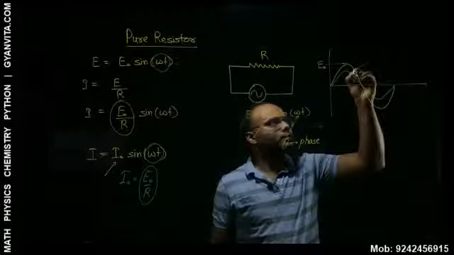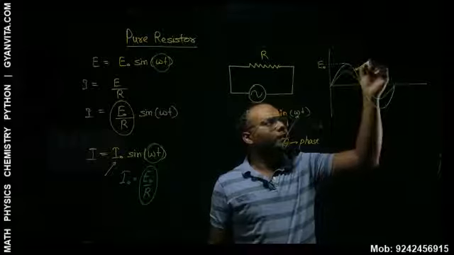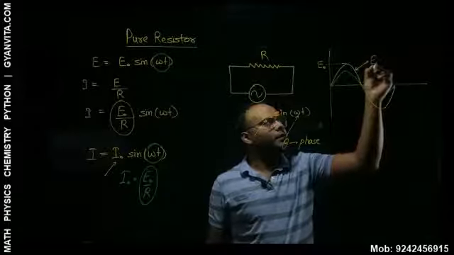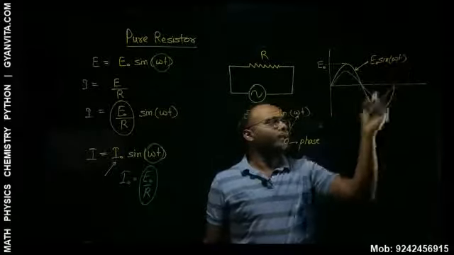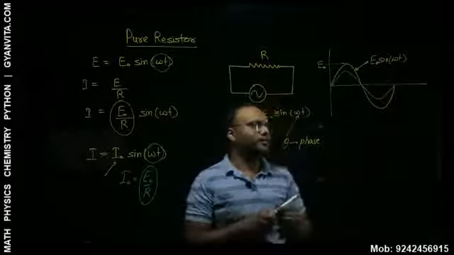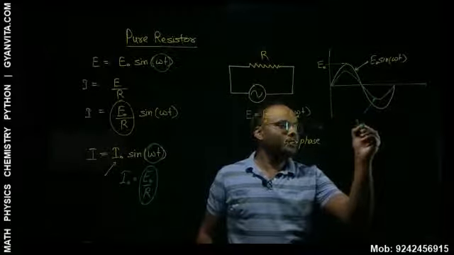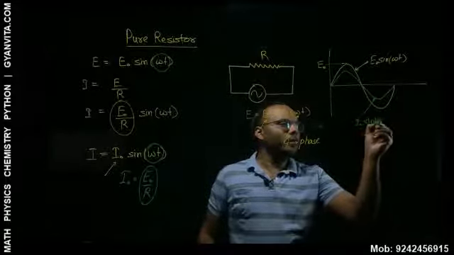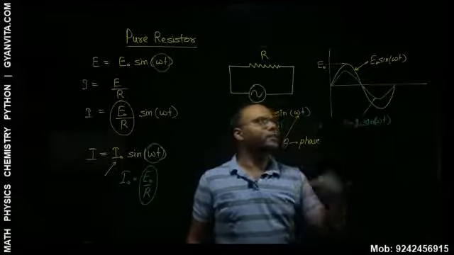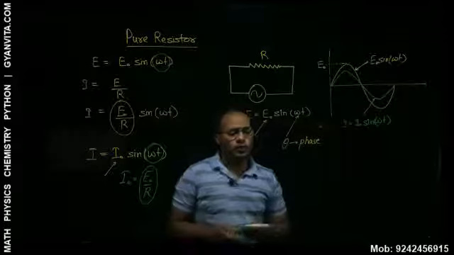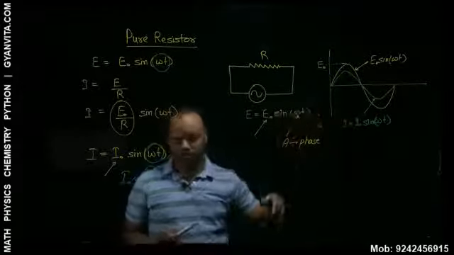There is no difference in the phase. This yellow line is the graph of E, which is equal to E naught sine omega t, and this green line is the graph for current, which is I naught sine omega t. So this is I equals I naught sine omega t, and this is E equals E naught sine omega t. So that is the wave diagram, right?